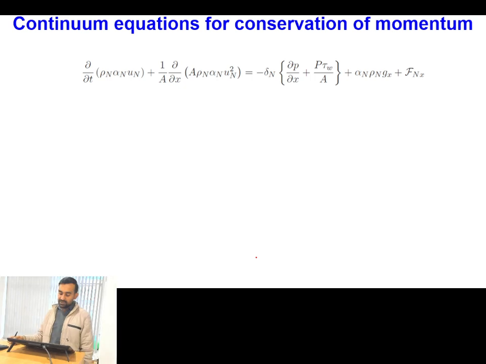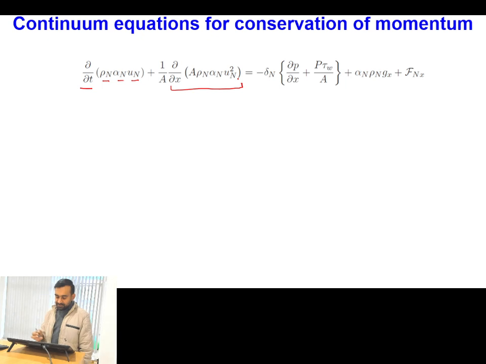In case of the one dimensional equation, again we will be doing area averaging. Over here the time term remains the same, rho n alpha n into un, whereas in the advective term, instead of having the variation over the area, we will actually have a uniform value over the entire cross section.